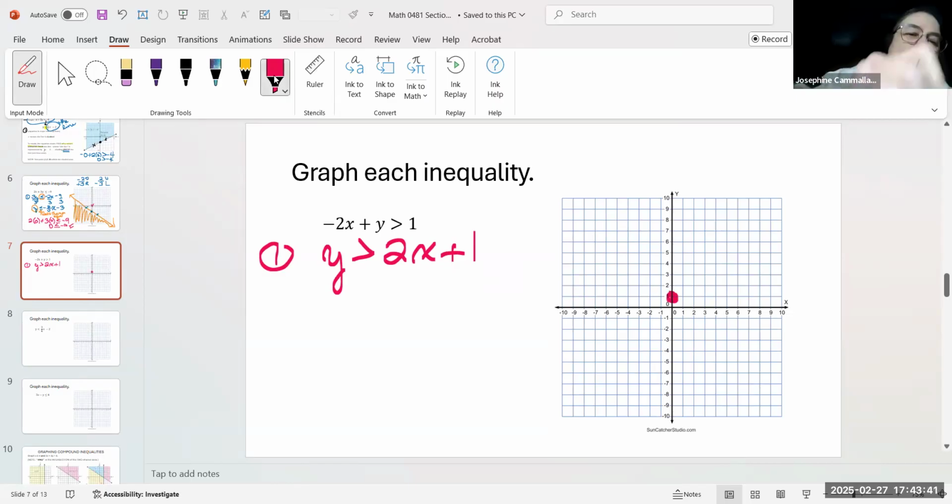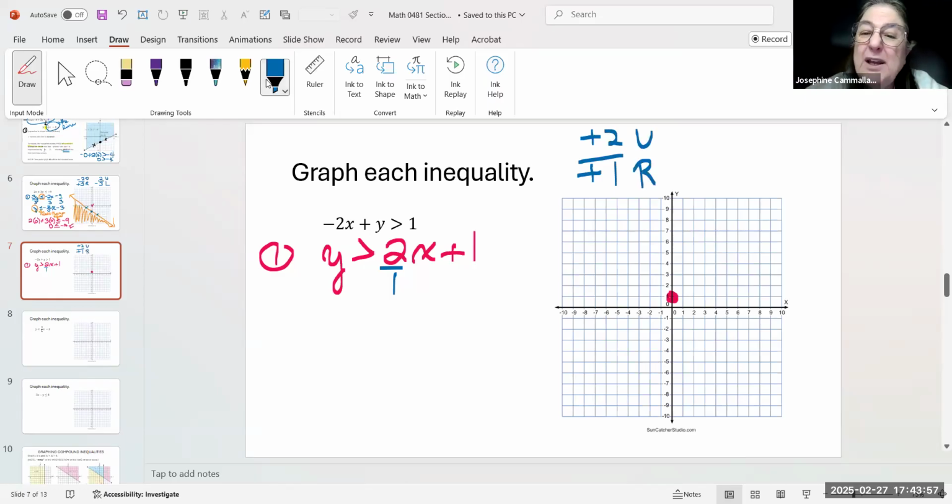Now remember, my slope is 2 over 1. So I have a positive 2 over positive 1, which means from that red dot, I go up 2, right 1, which means I'm sitting right there.